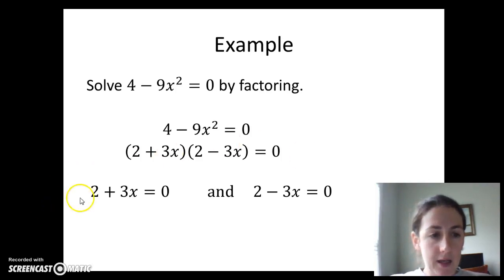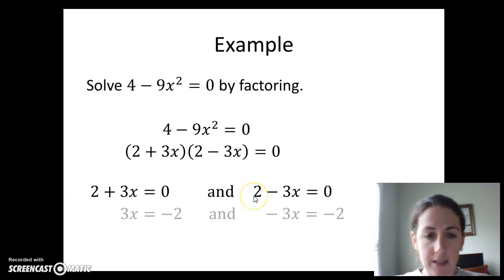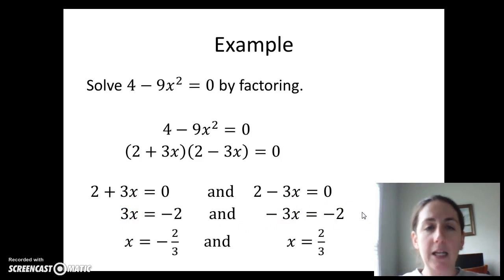So on both of these, I'll subtract the 2 from both sides. And then this one I'll divide by a positive 3, and this one I'll divide by a negative 3. And I get two solutions to this quadratic equation. Negative 2/3, and remember, a negative over a negative is a positive, so x is positive 2/3.